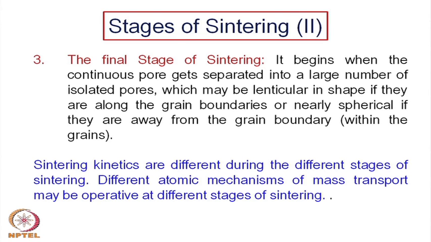So, only 10% of the pores are still remaining, and most of the time they are not continuous. So, they become isolated pores which may be lenticular in shape if they are along the grain boundaries, or nearly spherical if they are away from the grain boundaries or within the grains.